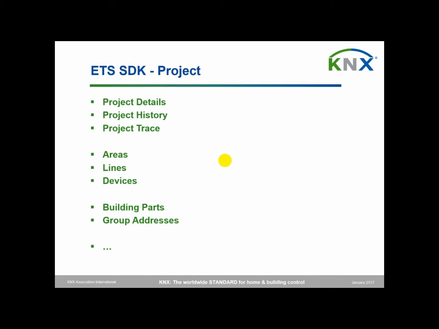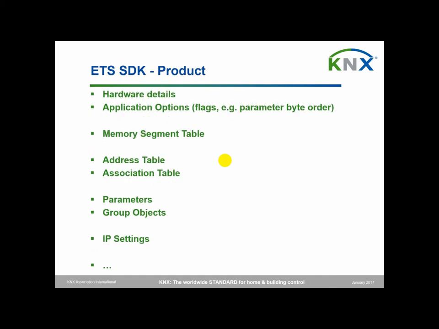Project-related data: the project is accessible, so project details, project history, project trace. Also the areas of a project, the lines within a project, all are accessible and can be influenced. Devices also, building parts, group addresses. More or less everything related to an ETS project, obviously.